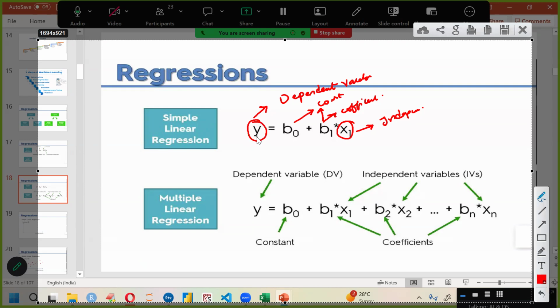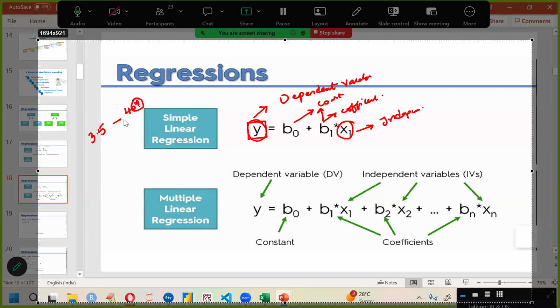So what is always our agenda? Our agenda is to find the value of the dependent variable. For example, for a person with 3.5 years of experience, what is the salary he is going to get? Here, this 3.5 is nothing but X, the independent variable.